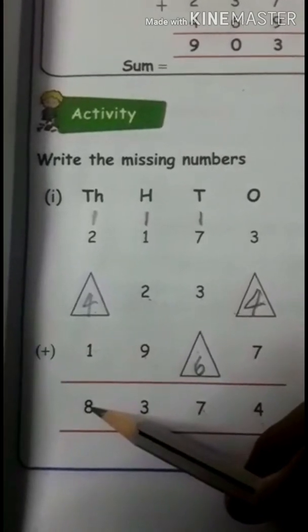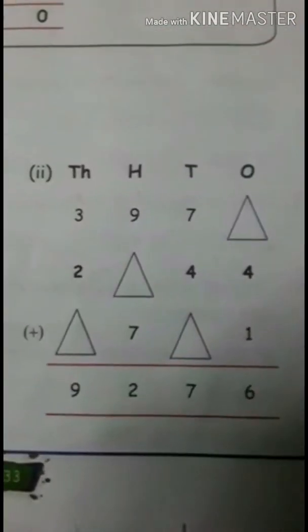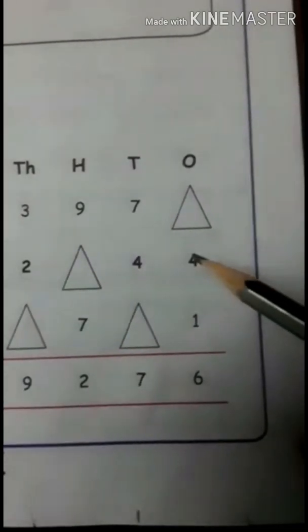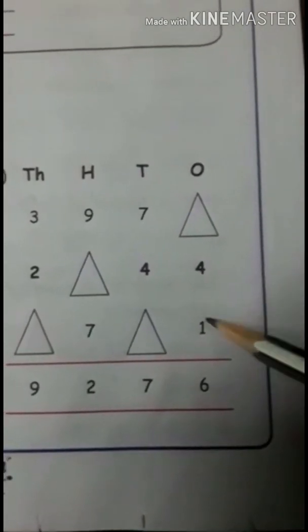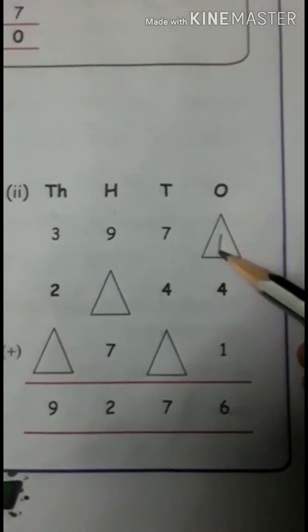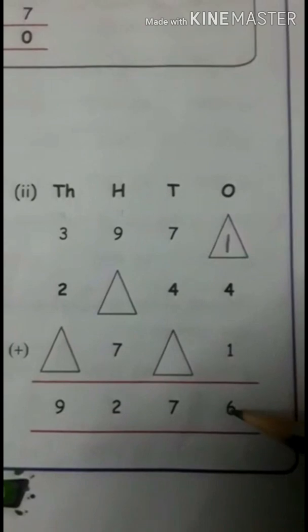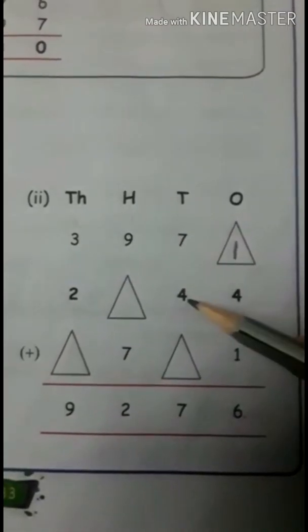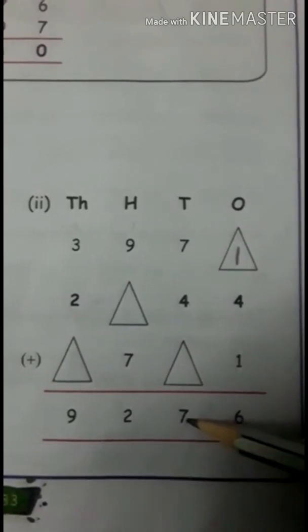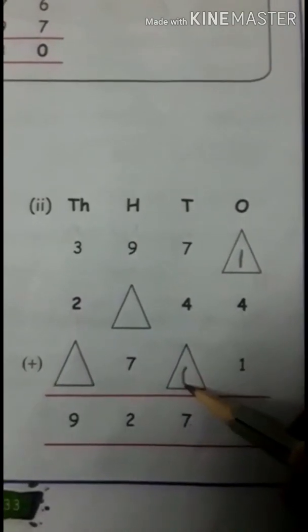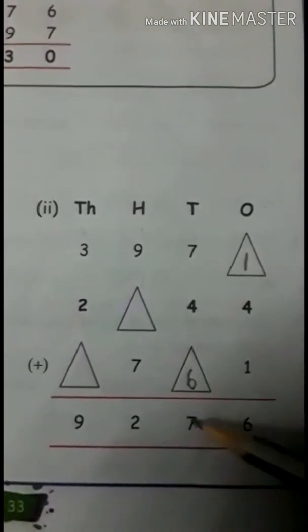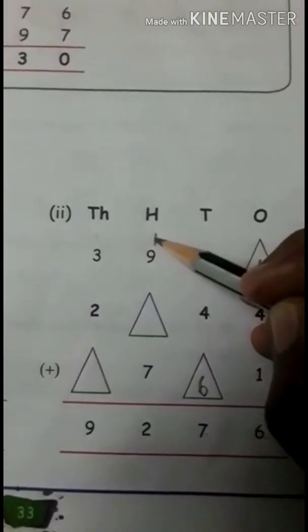Okay, is it clear? Next sum is also the same. So first 4 plus 1, 5. But our answer is 6. So we need 1. Next 7 plus 4, 11. But here 7 is there. So we need 6. Okay, so 17. So 7 here, remainder 1 we have to write in the 100 place.